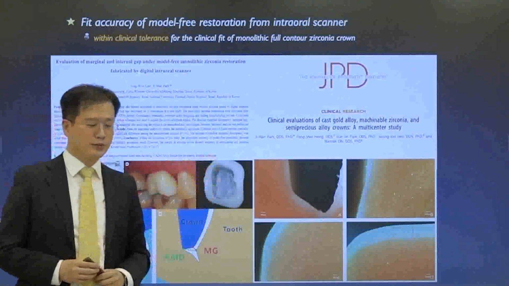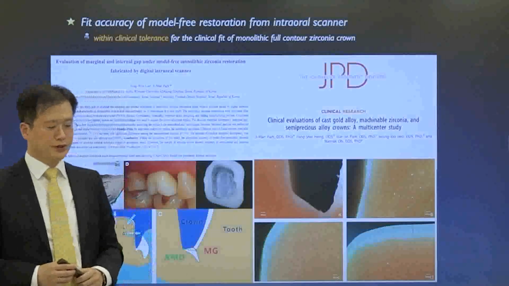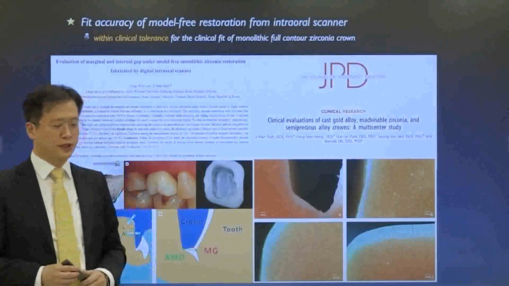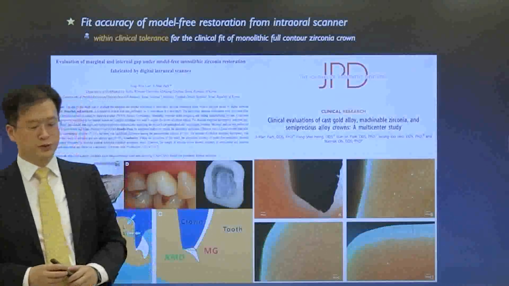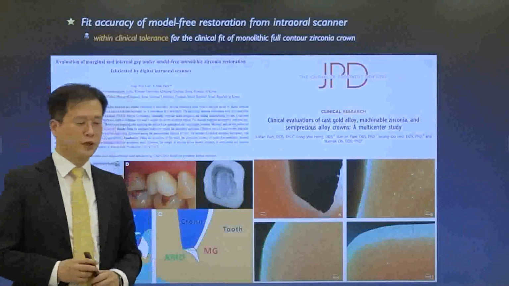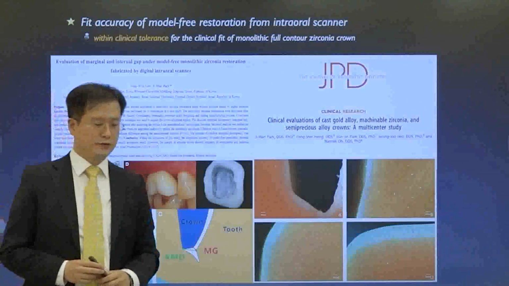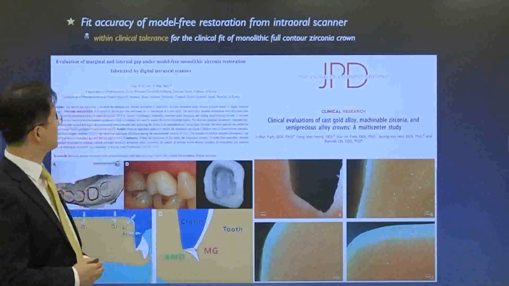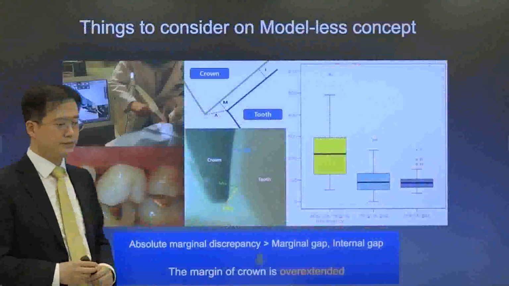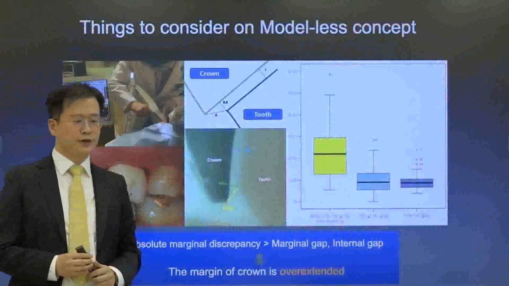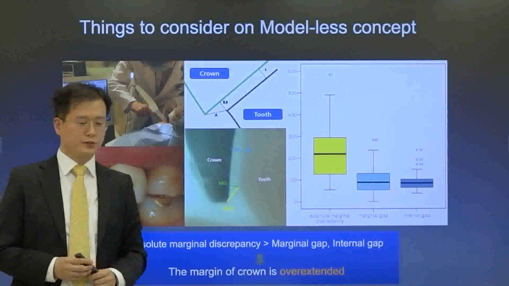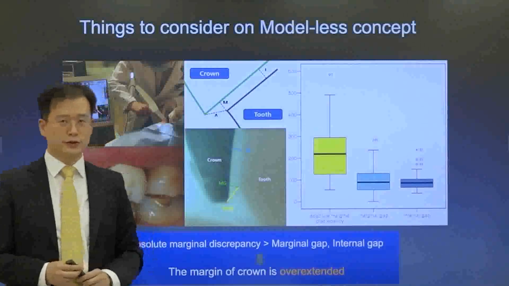When comparing the marginal gap with a similar clinical study which I have done for modellessly produced monolithic zirconia crowns from an intraoral scanner, this measurement was good enough for clinical application. This is one thing to consider when you make a model-free crown with an intraoral scanner.